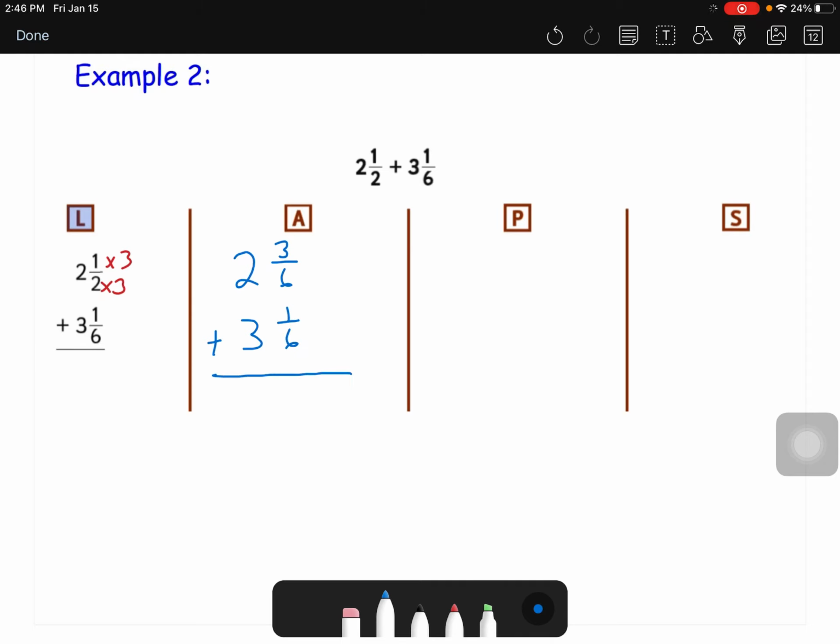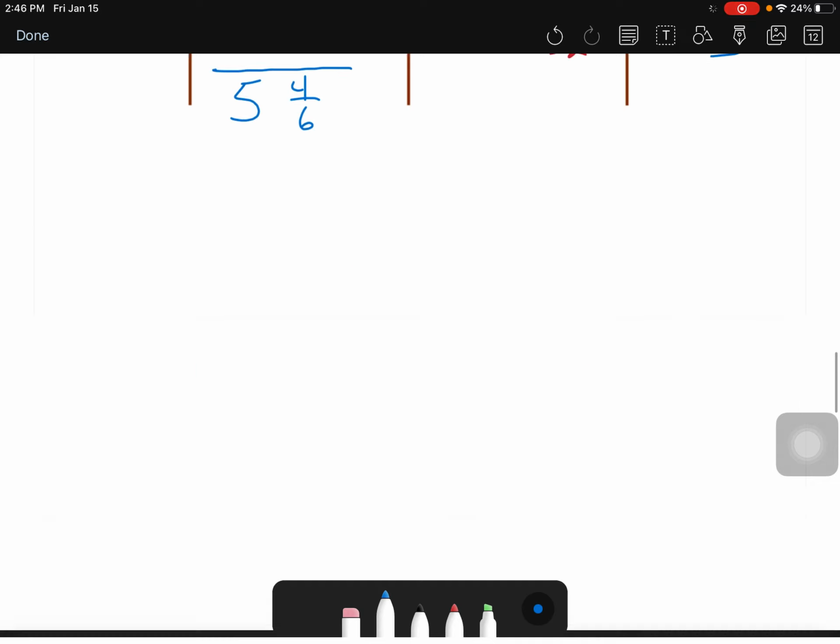And then I'm going to perform that operation here, and I'm going to get 5 and 4/6. And so that's what I have at this point after I performed 5 and 4/6. I'm going to simplify now by dividing by 2. And my final answer, 5 and 2/3.